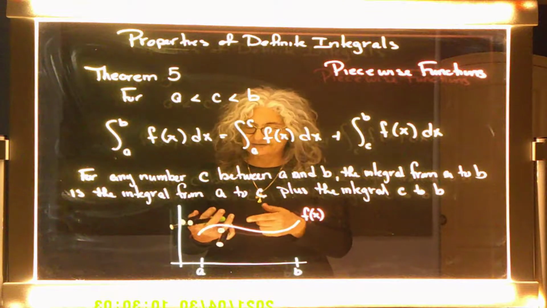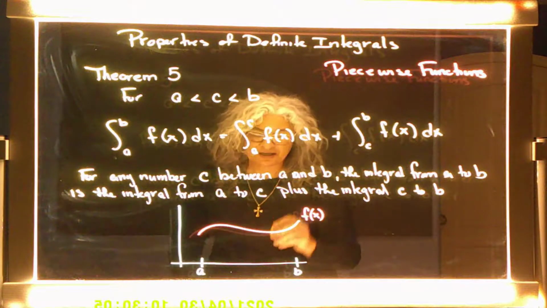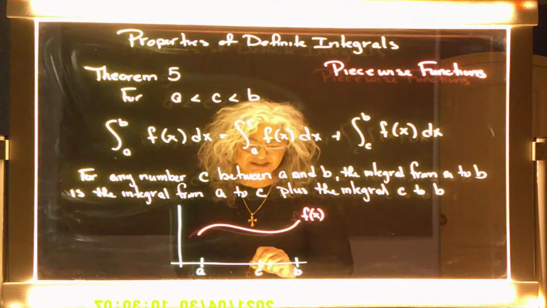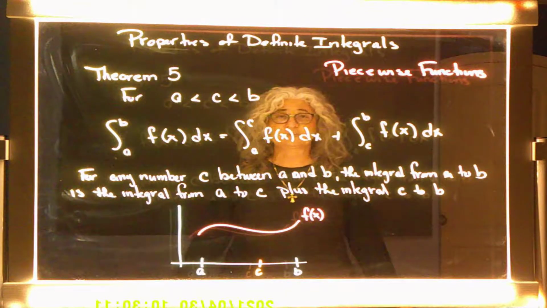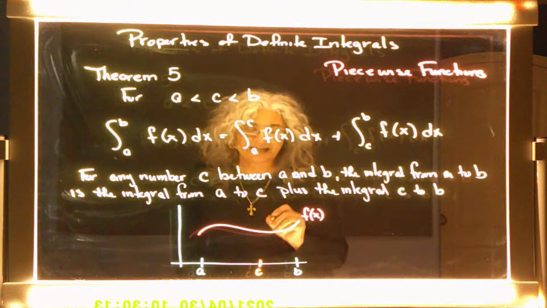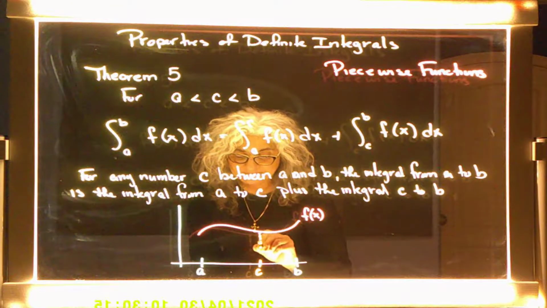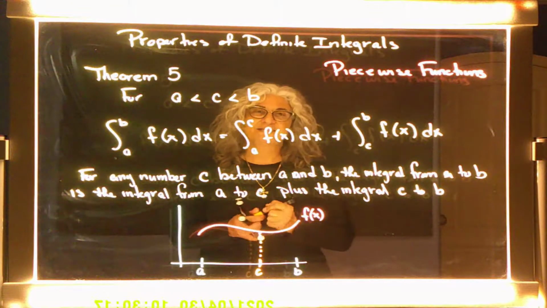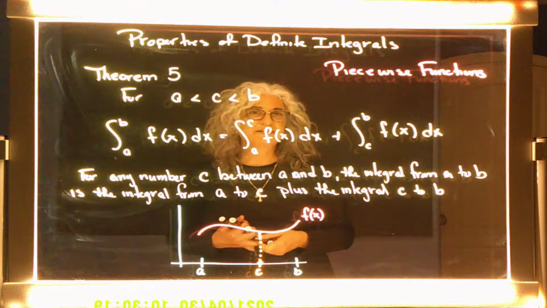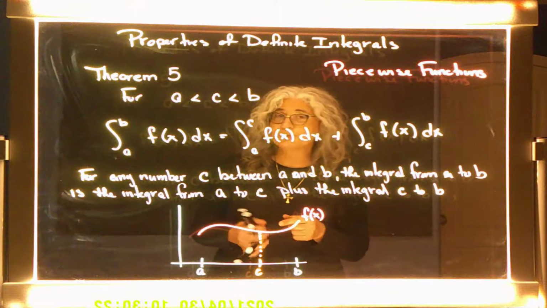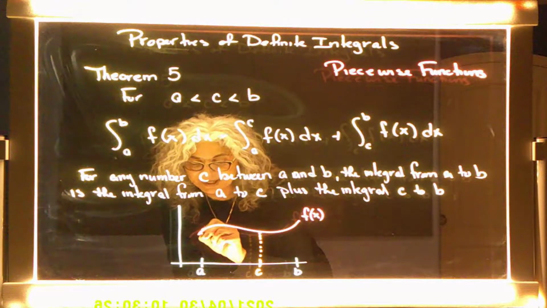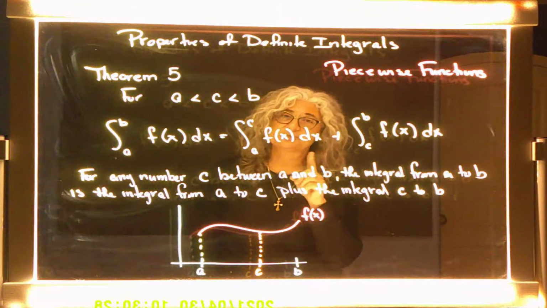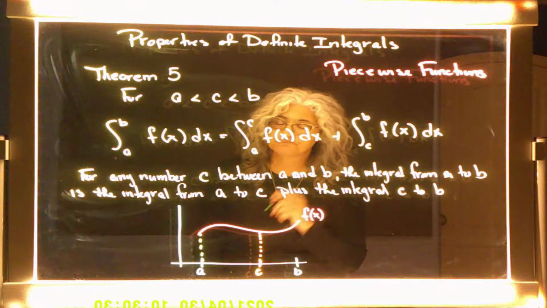If I have some number c, and I'm going to put c right here, between a and b. It doesn't matter where it's located, all I know is it's between a and b. And this antiderivative is telling me that I could take the integral from a to c. Remember, the integral is the area under the curve, right?